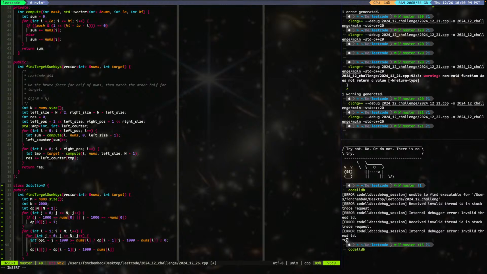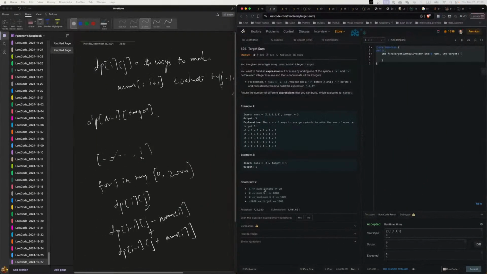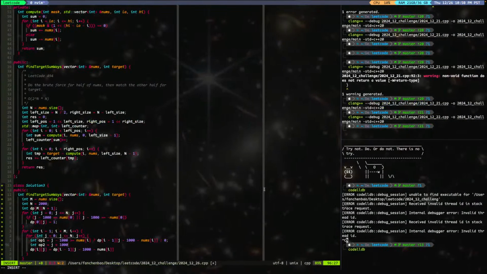Otherwise it will be 0. Option 2 is j minus 1000 plus nums[i].